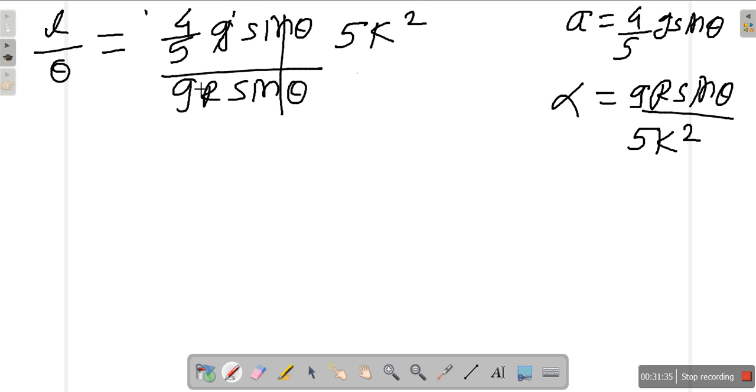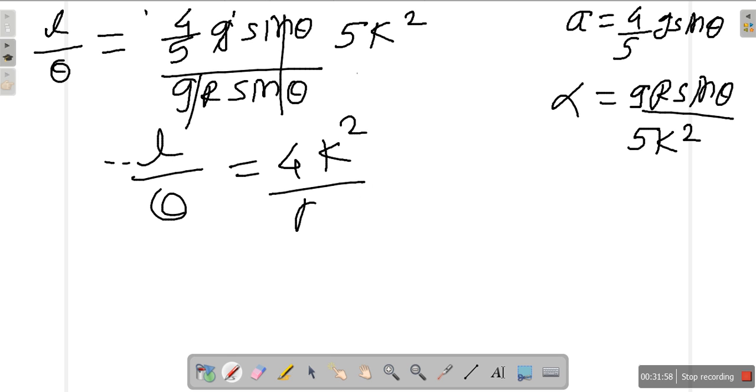This will go, this will go, this will go, and you will get L upon theta as 4 times k square upon r, right?